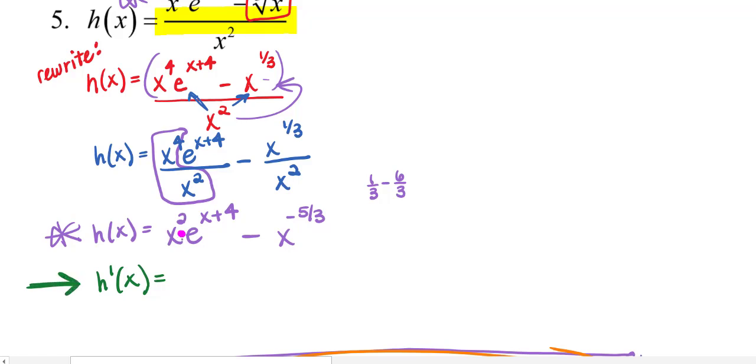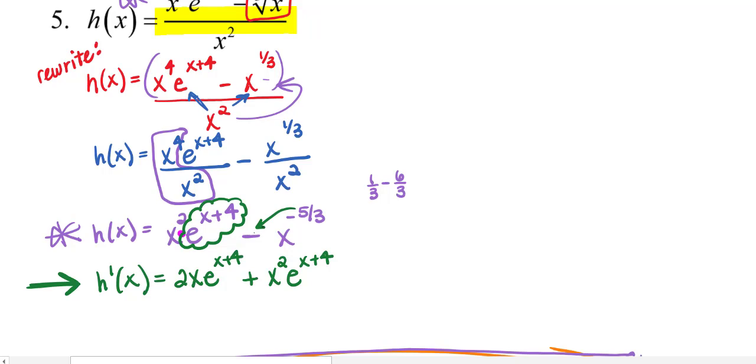I'll do the derivative of x squared, which is 2x, and I'm going to leave e to the x plus 4 factor alone, plus, now I'm going to leave x squared alone, and we briefly talked about this so far. The derivative of e to the x plus 4 for right now is e to the x plus 4. It is itself. And then my last term here is minus x to the -5/3.